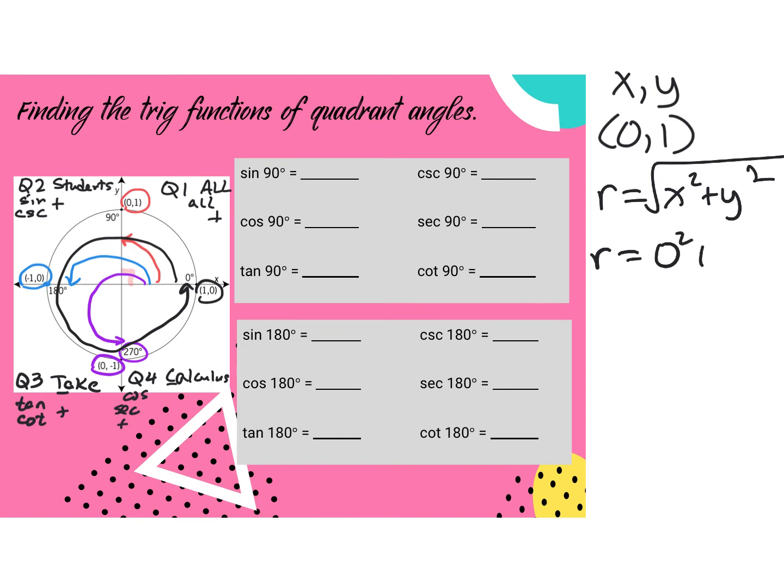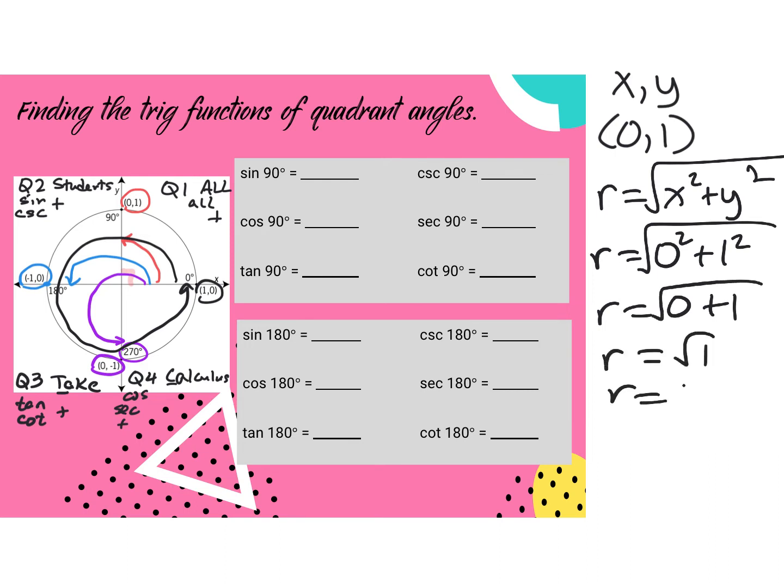So 0 squared plus 1 squared, 0 plus 1. The square root of 1 is 1. So no matter which one of these 4 ordered pairs, when you plug it into this formula, the R is always 1. It makes it a lot easier just to use those ordered pairs.